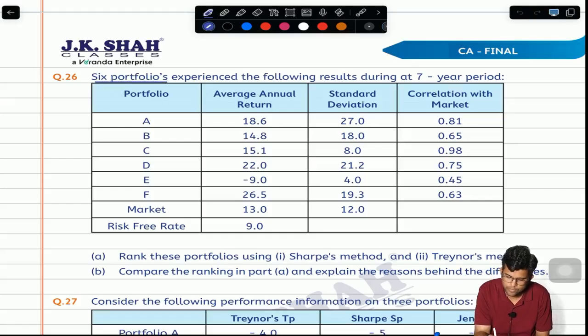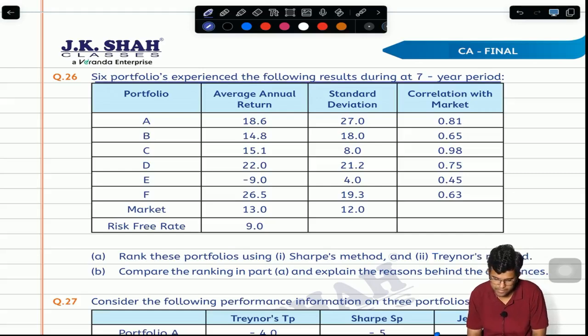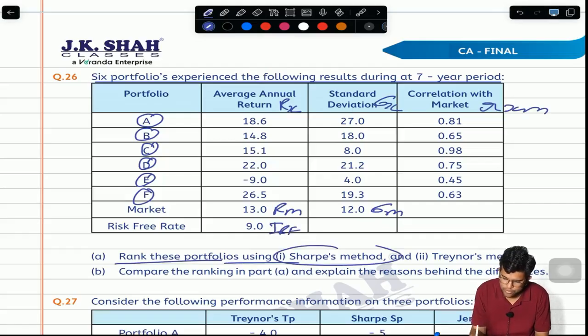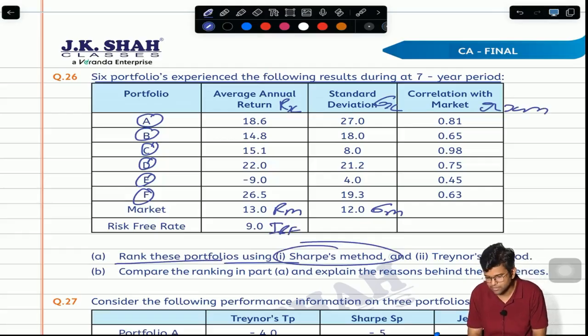Six portfolios experienced the following results during a 7-year period. So they have given you A, B, C, D, E, F. This is their RX, this is RM, this is sigma X, this is sigma M, this is RXM, this is IRF. Rank the portfolios using Sharpe's method.